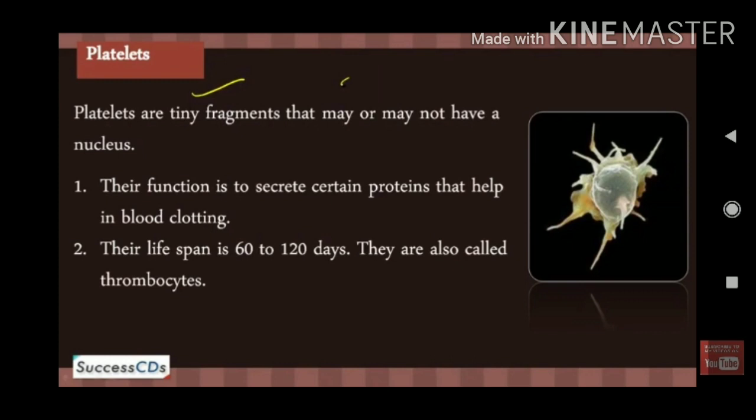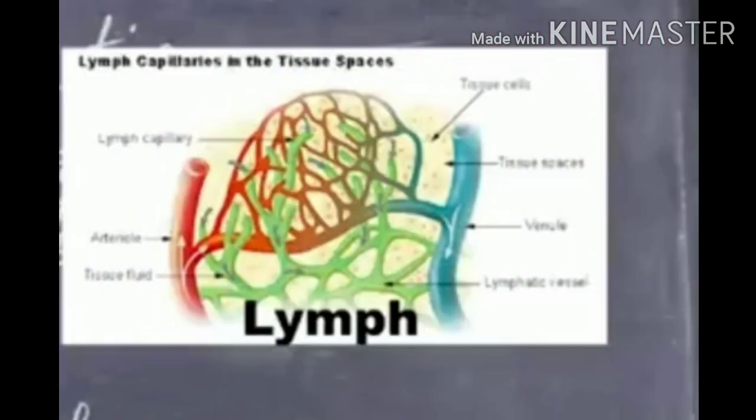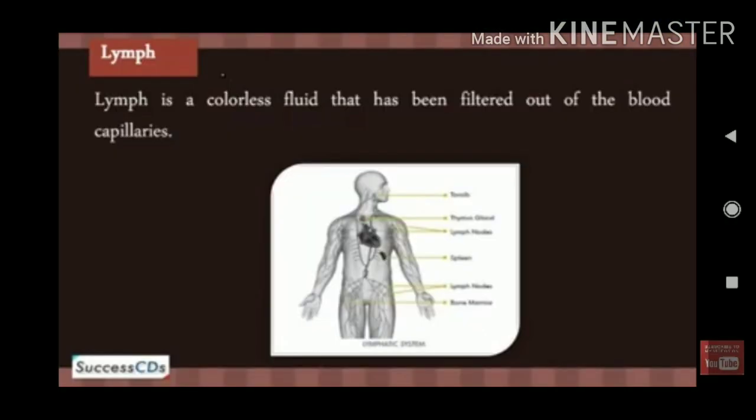At last, we will see the last connective tissue, lymph. The lymph is also a colorless fluid. It is present without the red blood cells. It takes the nutrients from the blood cells to the capillary. White blood cells and plasma together form the lymph.